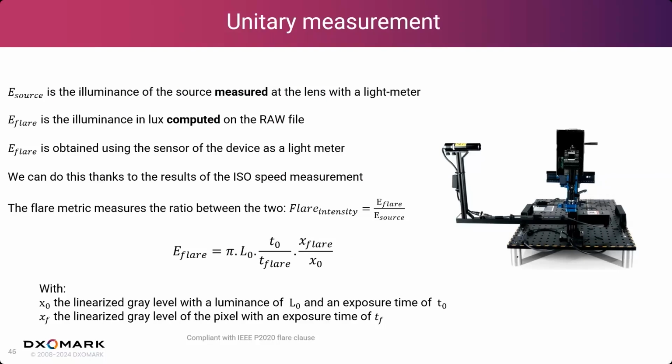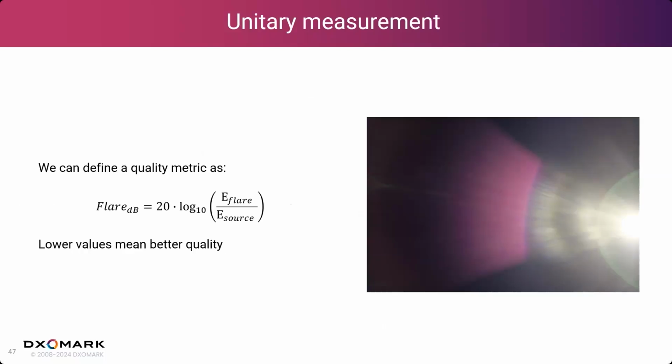We use the sensor as a light meter, and we evaluate the flare as an equivalent illuminance in the scene. And we will compare the level of this equivalent light source to the illuminance generated by the light source itself. So that can be seen in the next slide.